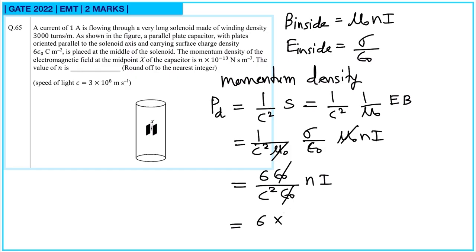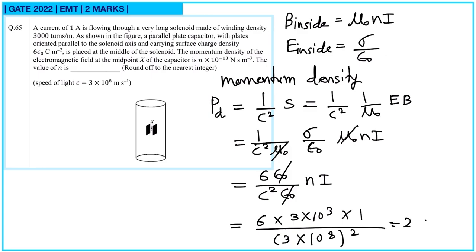So 6 into n, number of turns is given, that is 3000, so 3 into 10 raised to 3, and current is 1 ampere, upon we have 3 into 10 raised to 8 square. So this will be 6 into 3 by 9. So that is 2 into 10 to the power minus 16, and this is 3. That is minus 13. So the answer is 2, and the answer in the answer key is 2 to 2.